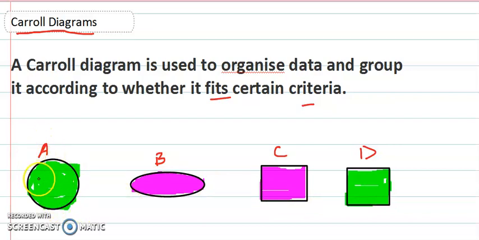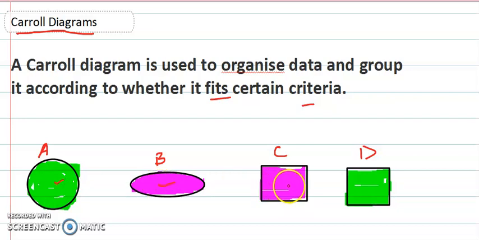Diagram A is a circle, diagram B is an oval, and C and D both are squares. Now A has a curve in it, and B also has a curve in it. This is a similarity between them. We have a difference as well: one has a green color and the other a blue color.